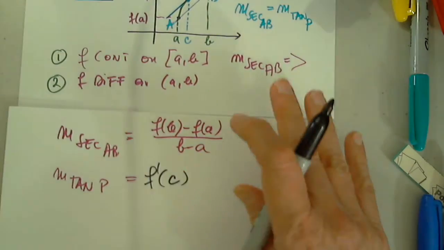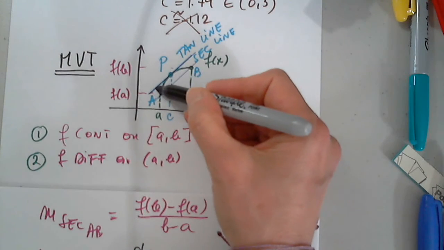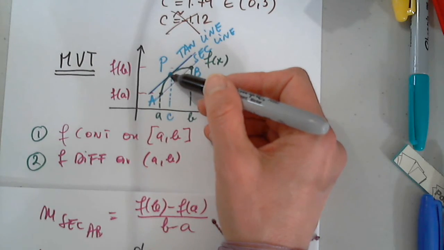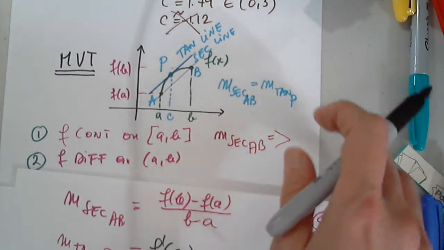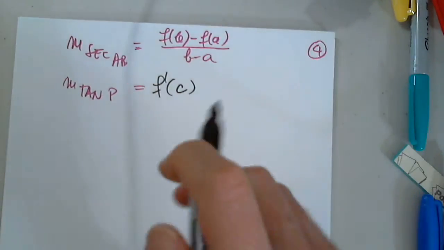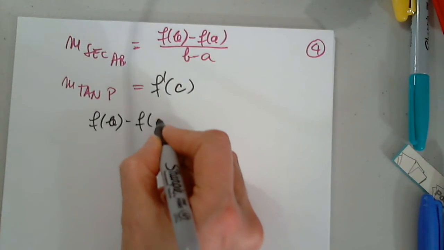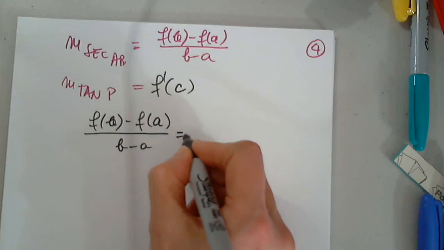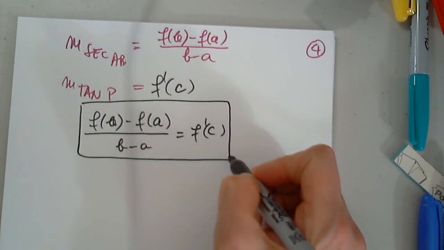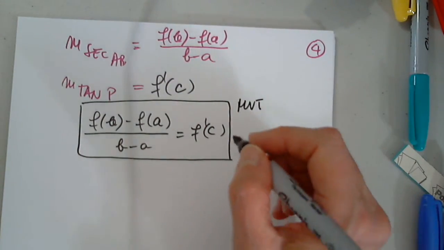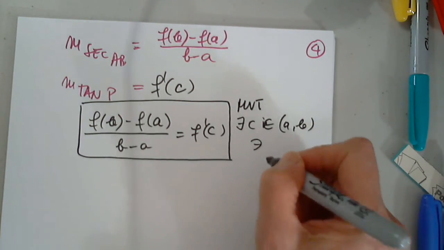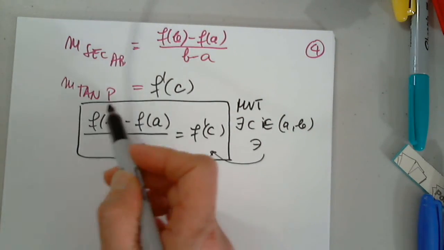Is that clear? Yes, everyone? Perfect. So these two must equal each other because we built them that way, and this is what MVT guarantees: there exists a C in the interval (a, b) such that this happens.